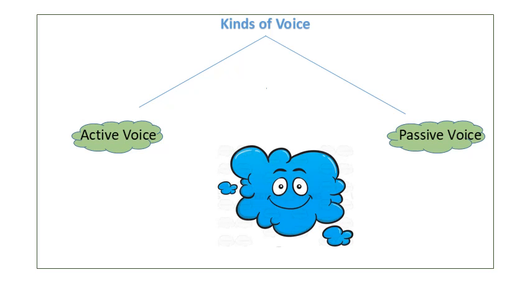So dear children, we very well know that verb has 5 properties: voice, mood, tense, person, and number. We also know grammatically there are 2 voices: active voice and passive voice.